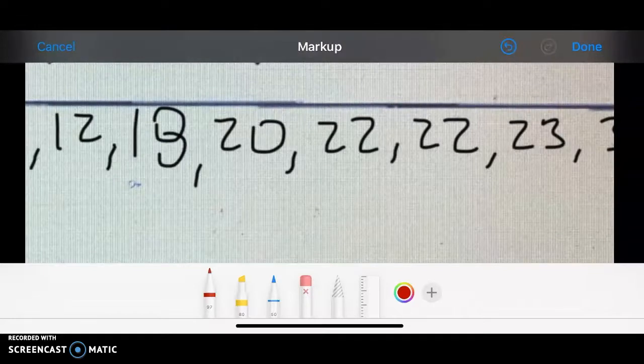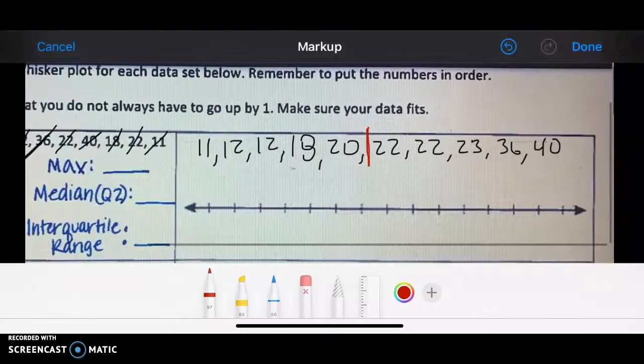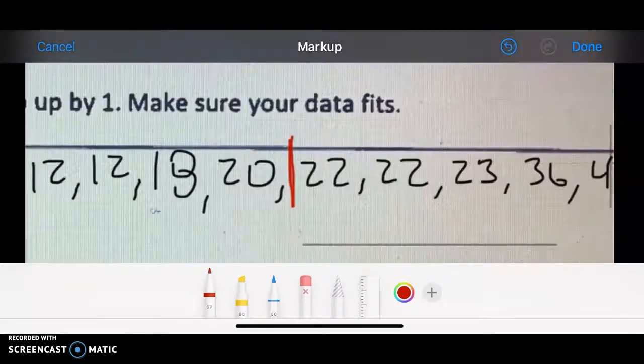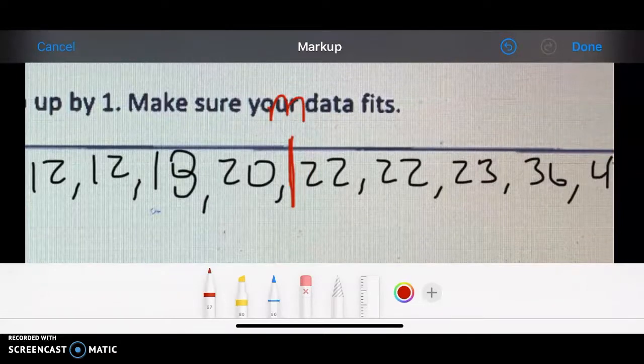So that means the middle is in between 20 and 22. Okay? So that is actually going to be our first median. And that is considered the median. So I would put an M on top of that. That is also known as quartile 2. Okay?